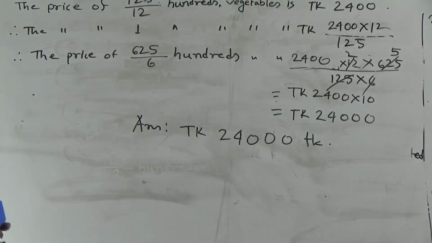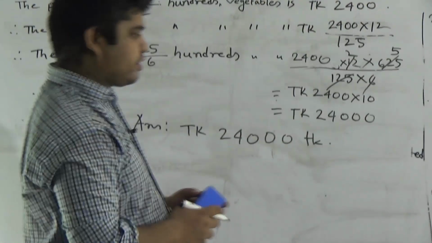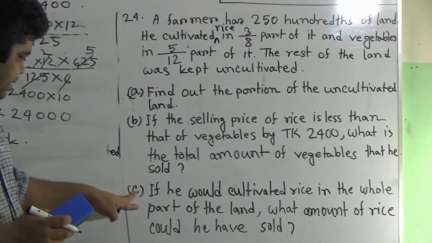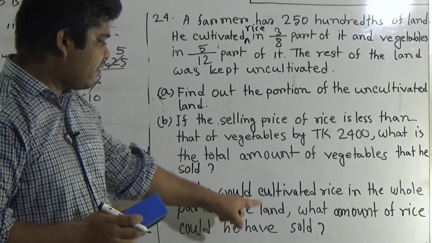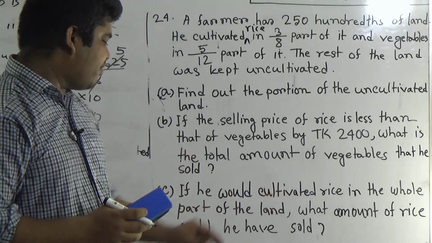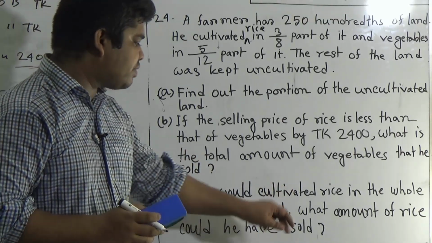So we shall go to our next question. First of all, you write, notice, if we cultivated rice in the whole part of land, what amount of rice could he have sold?